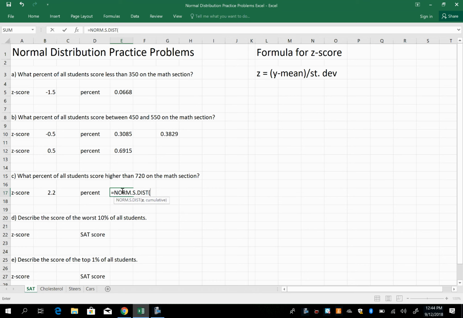Open it. What's our z-score? 2.2. Comma, true. Now I'm going to hit enter. Will this be my answer? No, it's not. So don't write down this answer yet. That percentage of 98.6% is the percentage that's below 720. But we want above, higher than 720.